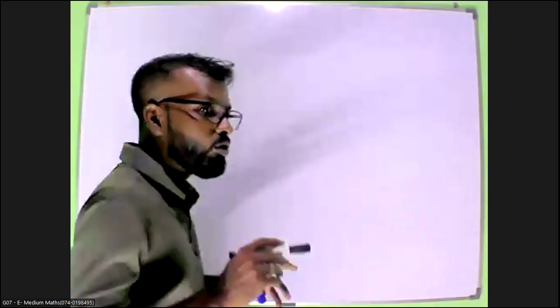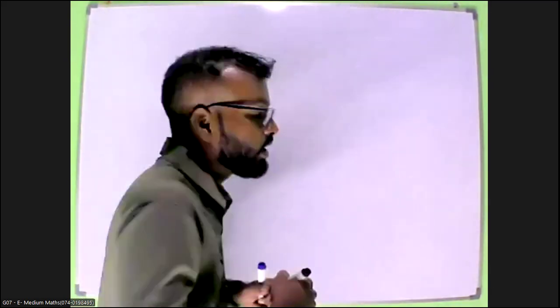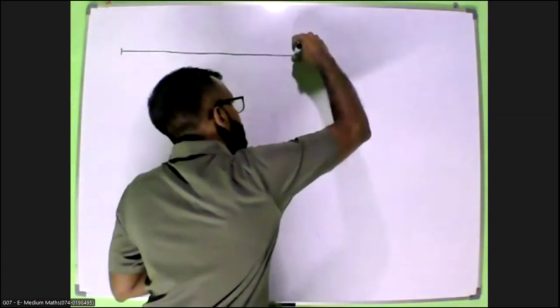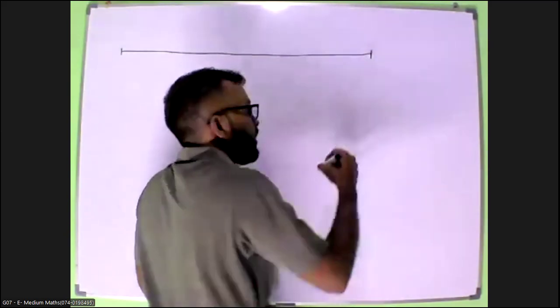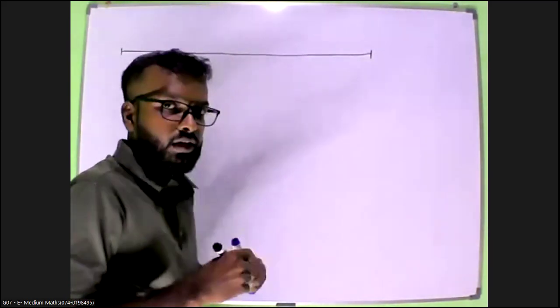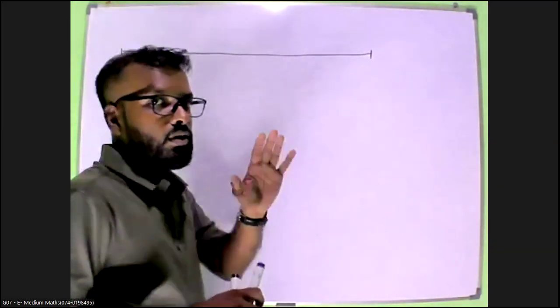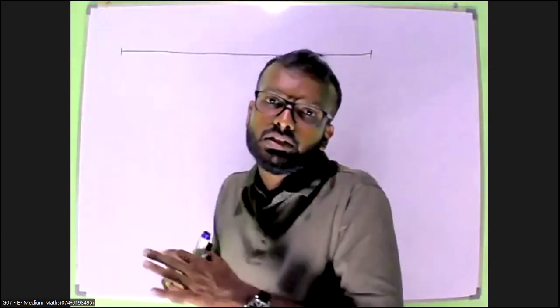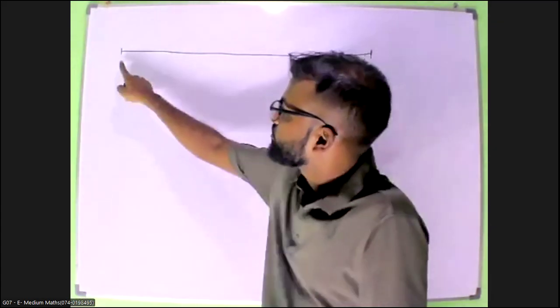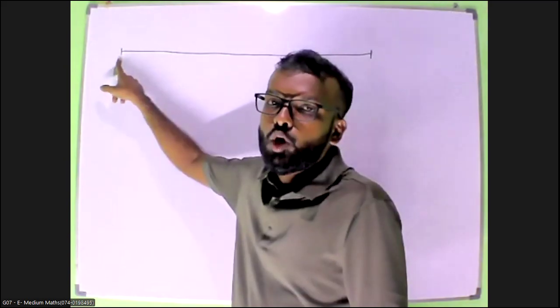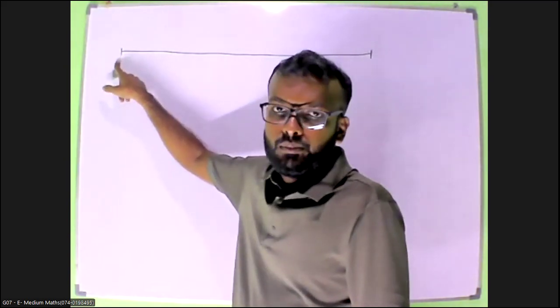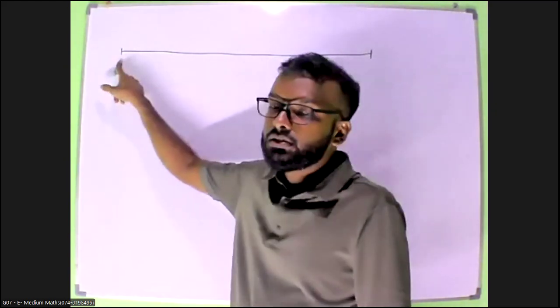So, I will draw the timeline. From here to here, I have my timeline. Now think this is a factory, and that factory opens at 8 a.m. Think this is a machine.